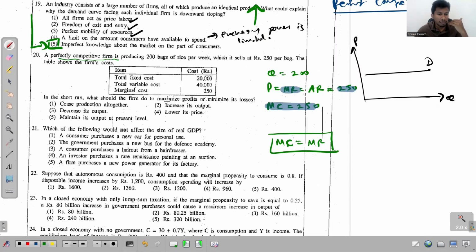Their profits will be maximized, right? Their profit will be maximized when MC becomes equal to MR and MC is increasing. Let's assume so that MC is increasing.